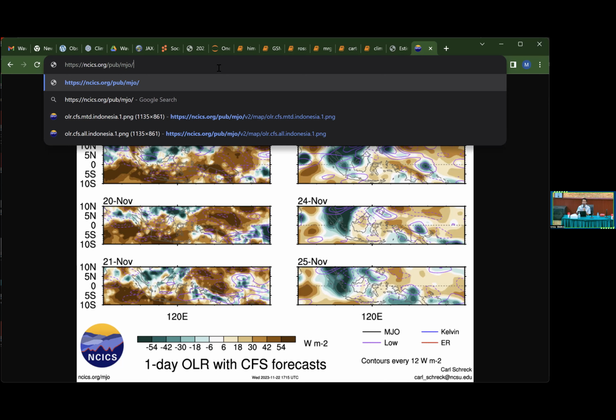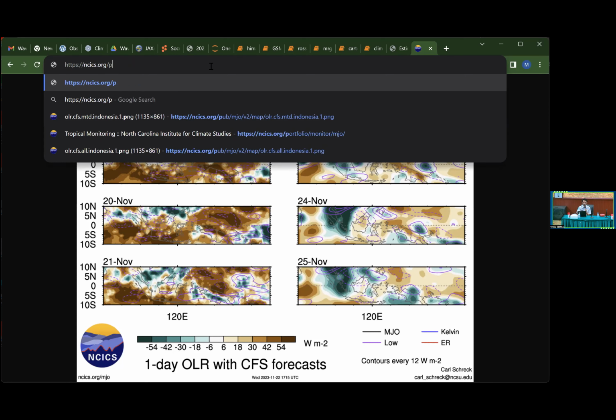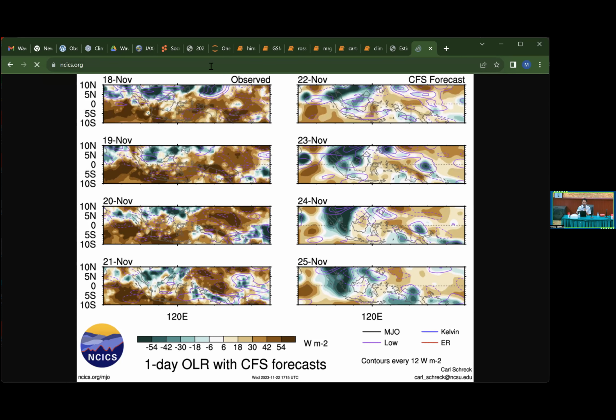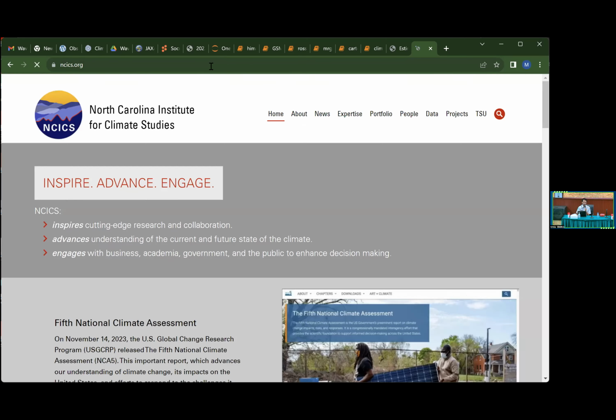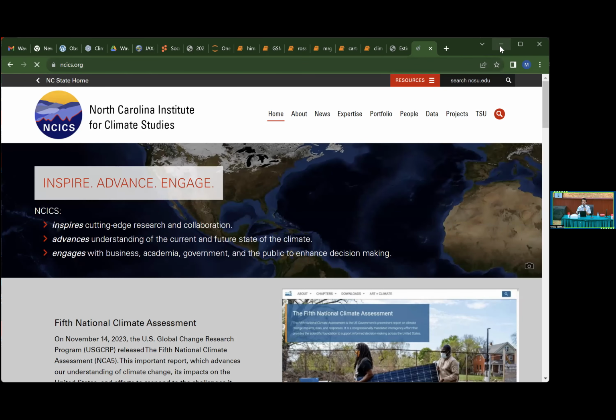You need to run the filtering: you get the raw data from that source, subtract the climatology to get the anomaly data of OLR, and then run the filter, and you get the filtered data. So it can be used for operational purposes.